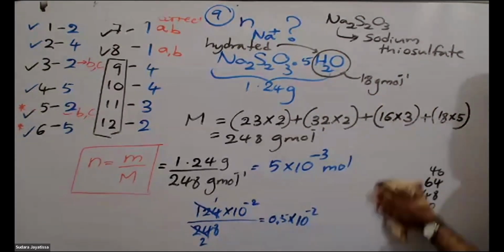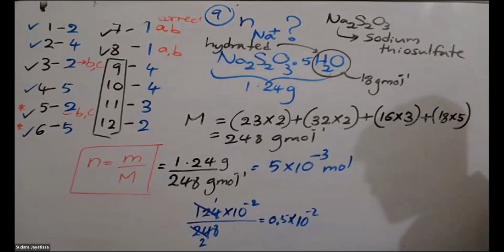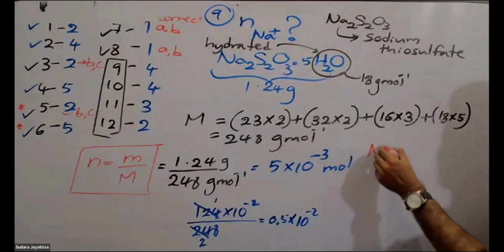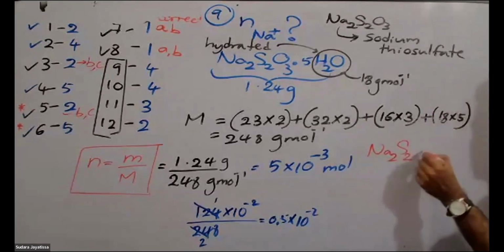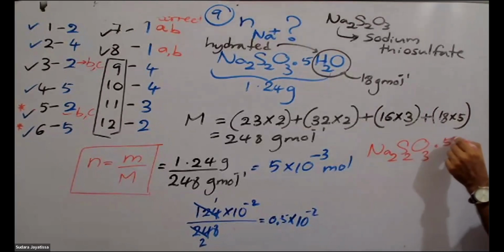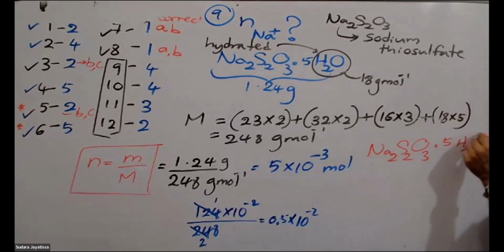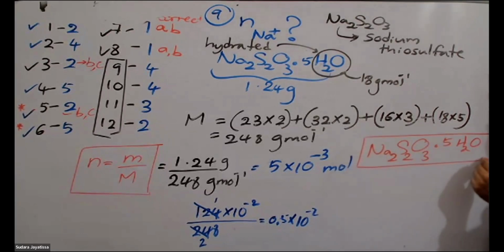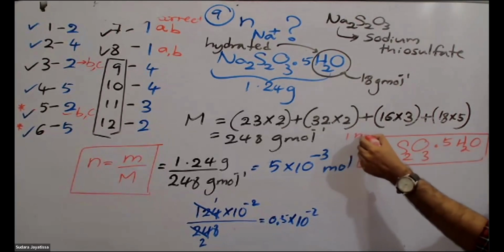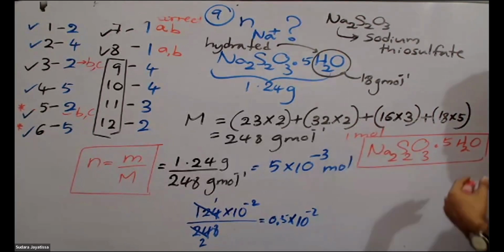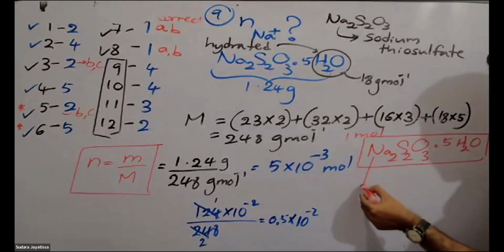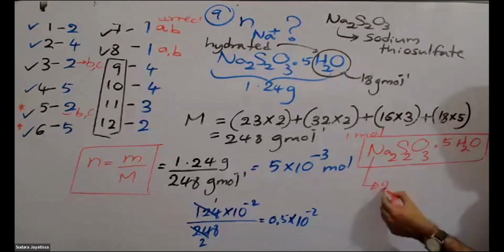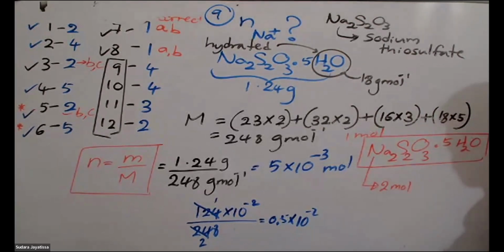So there we have to write a very important statement. Look at the formula of the compound, Na2S2O3 and 5 water. If you take 1 mole of this compound, you have sodium, how many moles? 2 moles, isn't it?